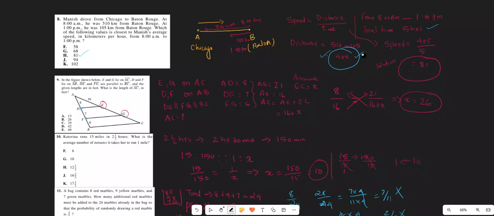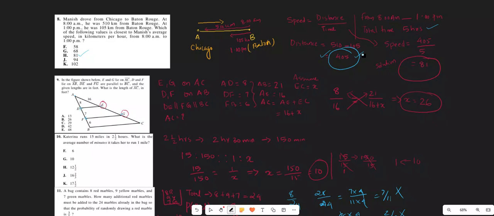And what is the corresponding side? Means this AC. What is the length of AC? We have part of AC.